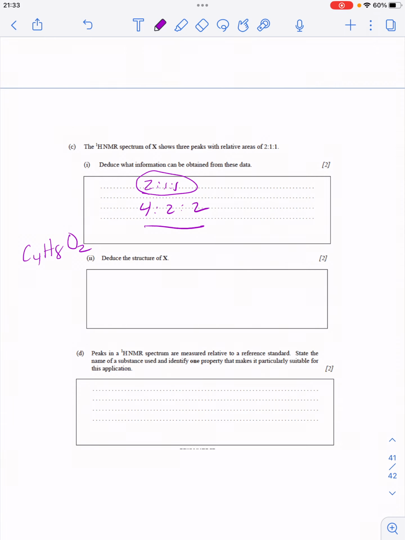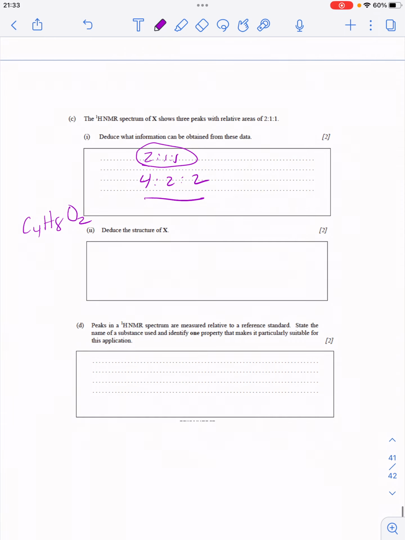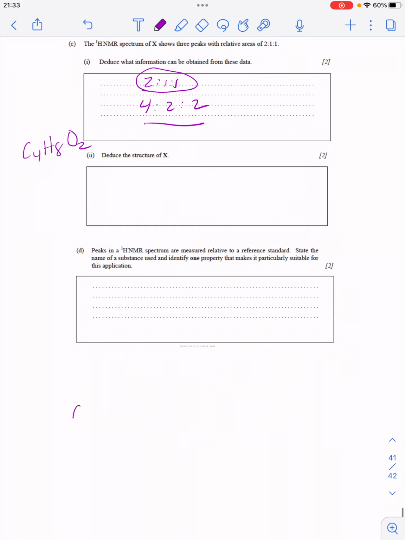Okay, and if we try to draw out some options, I'll do some scribbles down here. Well, I can tell I've just got an IHD of 1, C4H10, so I've only got one double bond, and I know therefore that's got to be my C to C bond.